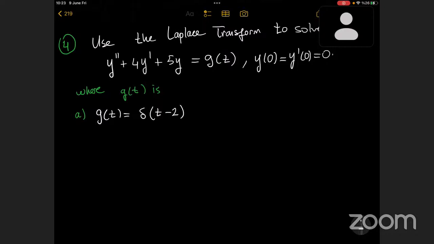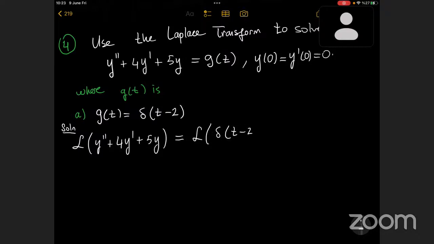Well, we apply the Laplace transform to both sides. So L of y double prime plus 4 times y prime plus 5 times y is equal to L of delta function, right?